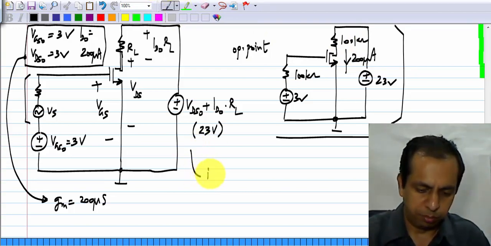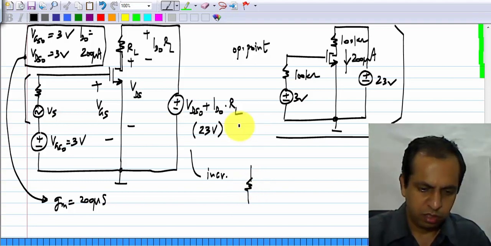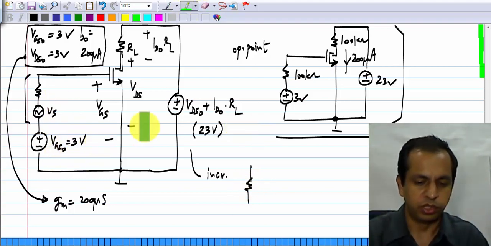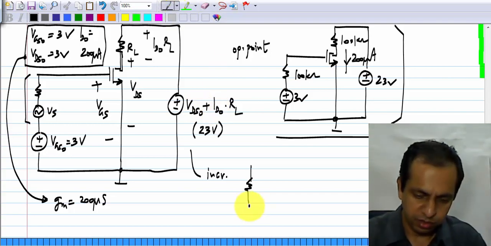Then the incremental picture of this, which is with only the incremental source being non-zero, these sources which are fixed will be 0.